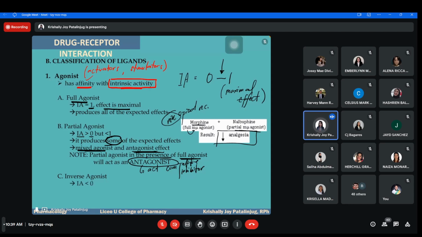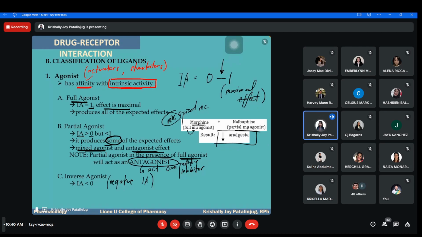And then lastly, the inverse agonist. Yung intrinsic activity naman niya is below 0. As in less than 0. Okay, nakalagay dyan, less than 0. Or it tells us na negative yung intrinsic activity niya. Negative.